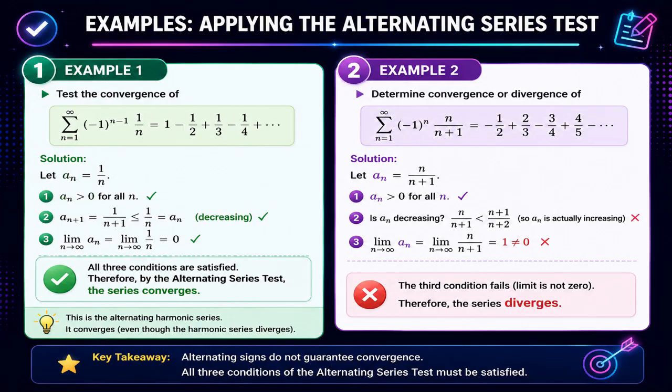Next, a sub n plus 1 is less than or equal to a sub n. So the sequence is steadily decreasing. And finally, the limit as n goes to infinity is exactly 0. All three check marks are satisfied. Therefore, by the alternating series test, the series converges.